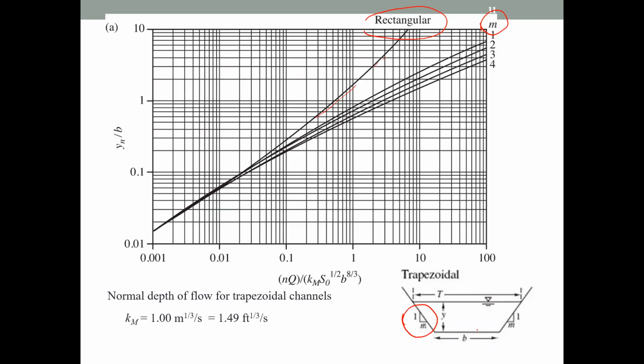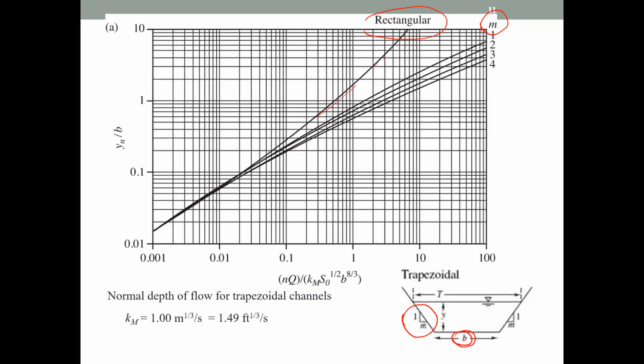So what are the other parameters we need? We need to decide what is the width of this channel we are going to use. Depending on the width, this Y will change, the water depth. If you are using a smaller width, then you will have to use a larger hydraulic depth, right?